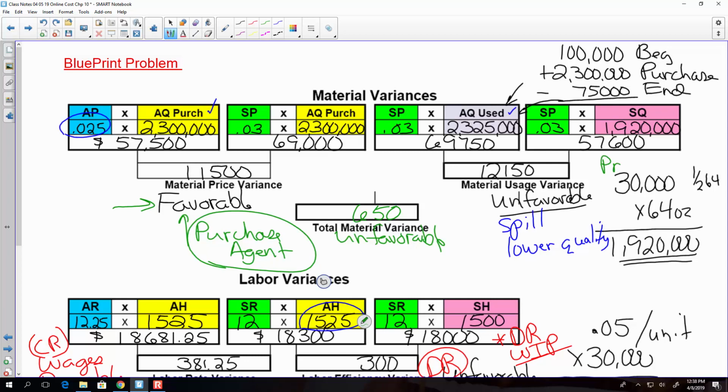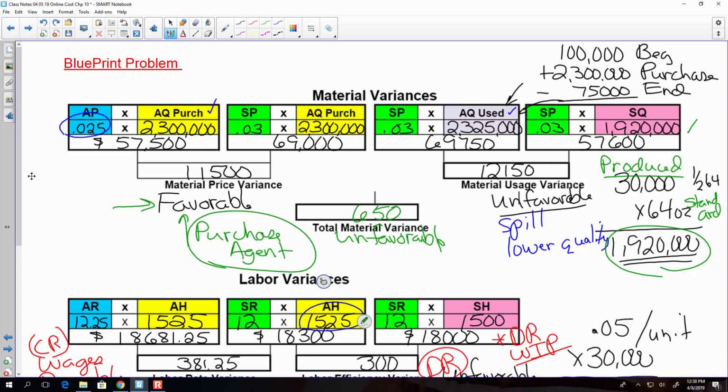We produced 30,000 half gallons, and I should have used what? The standard was 64 ounces. Well, that gives me 1.92 million, right? That's my purple number here, the standard quantity allowed.